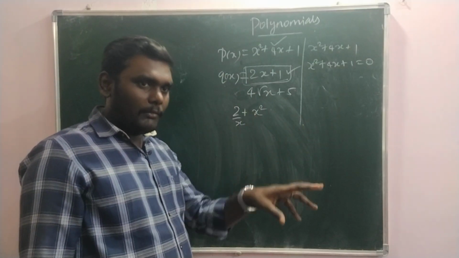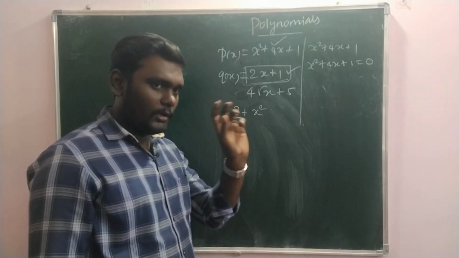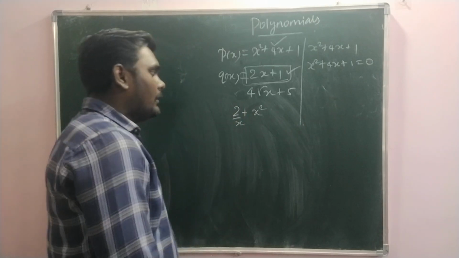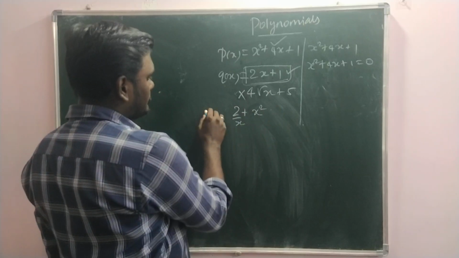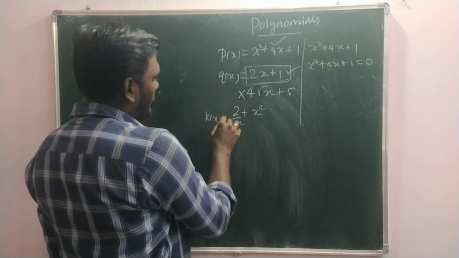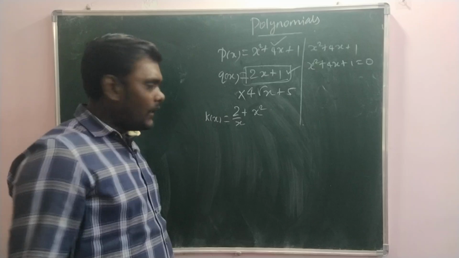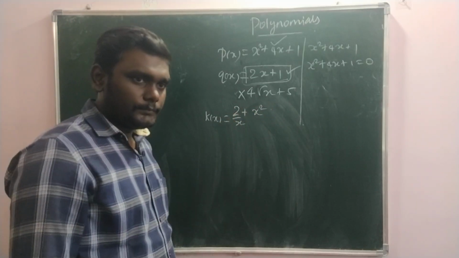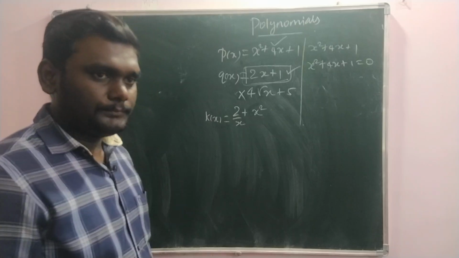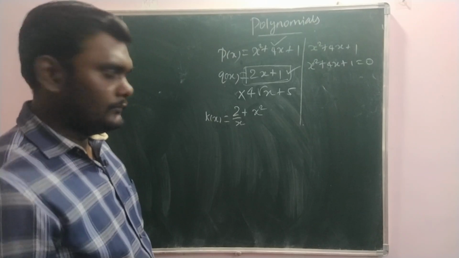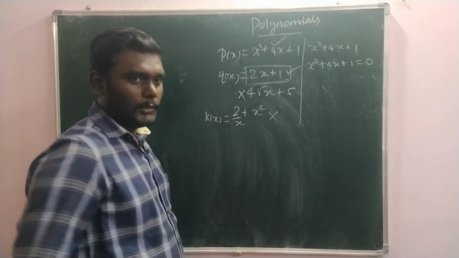In that, if the power of the variable is whole number, then it is called a polynomial. So, this is not a polynomial. See, all the powers are positive. Shall we call it a polynomial? No, we don't. This is also not a polynomial.